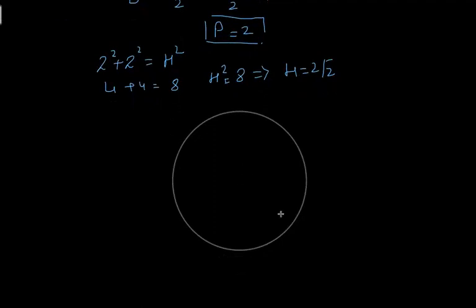When we say unit circle, it means it's a circle with a radius of 1 unit. Really we are not bothered about the unit of measurement, whether mm or cm or meters. It is just 1 unit.